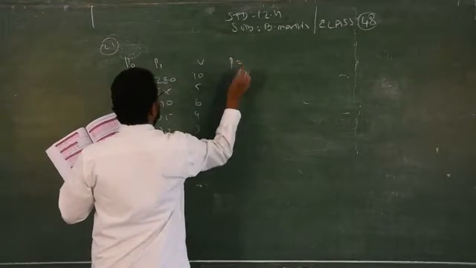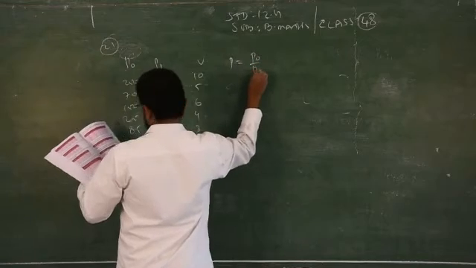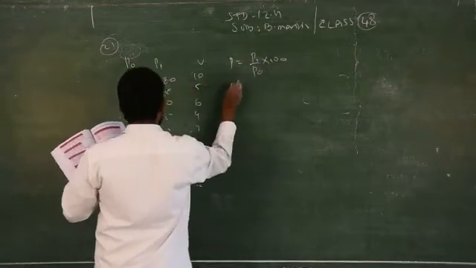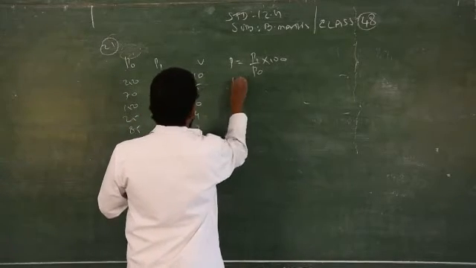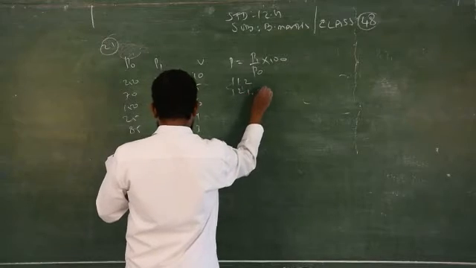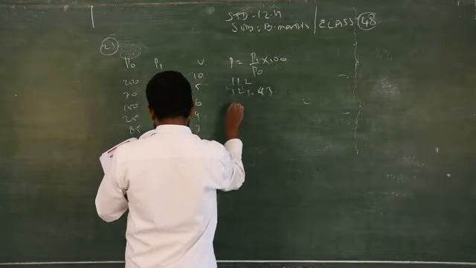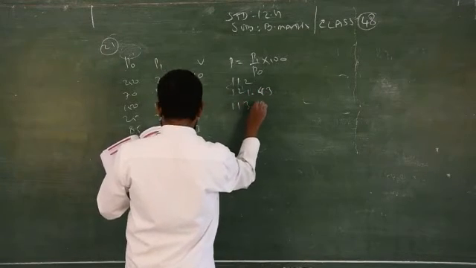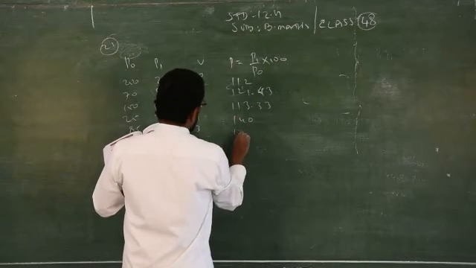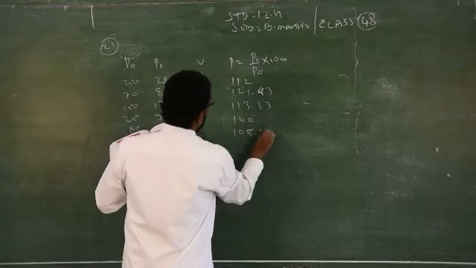Now you have to find out P1 by P0 into 100. So the answers alone I can write now: 112, 121.43, the next one 113.33, 140, then 105.88.